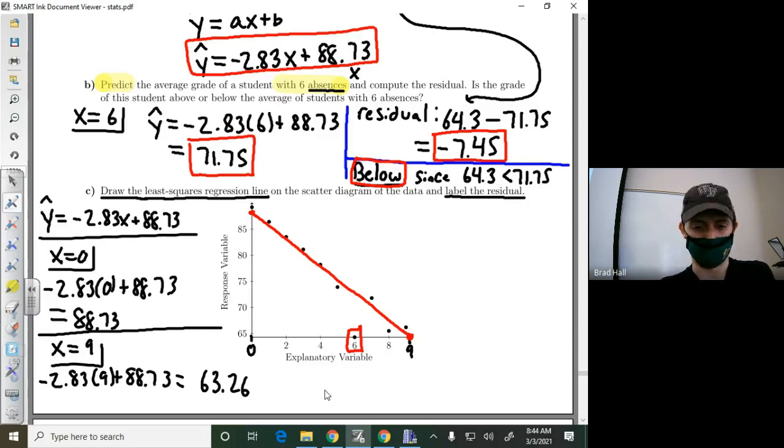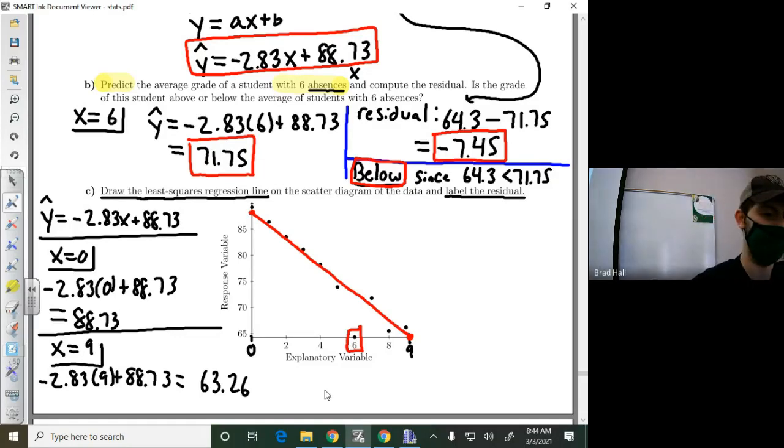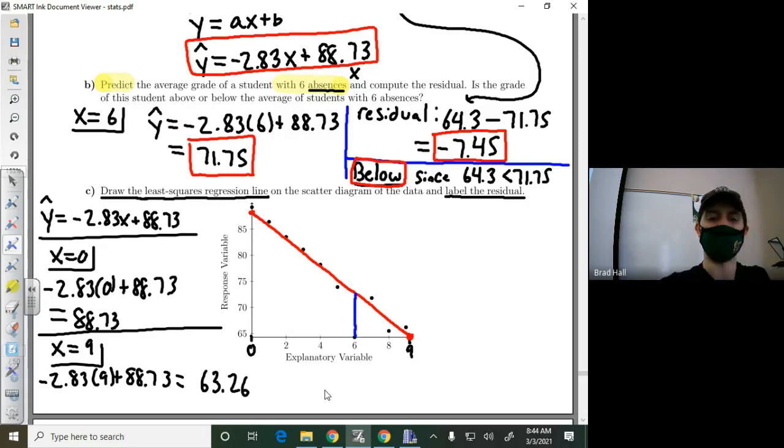Well, the residual is the point that I just called out. And the way they want us to label this, they want us to physically draw the distance from that outlier, which I'll circle in a little bit thicker here, from the corresponding point on the graph. That blue line is the residual.